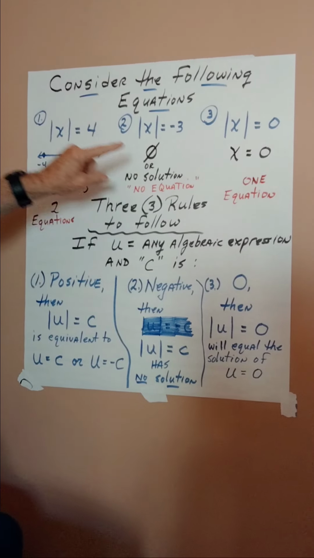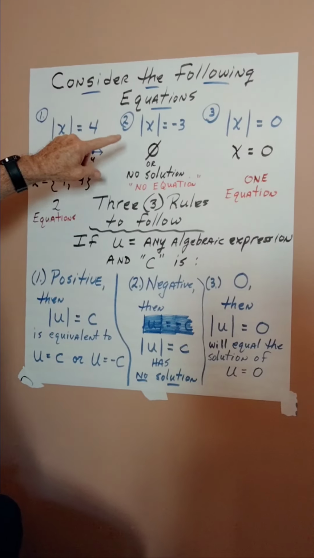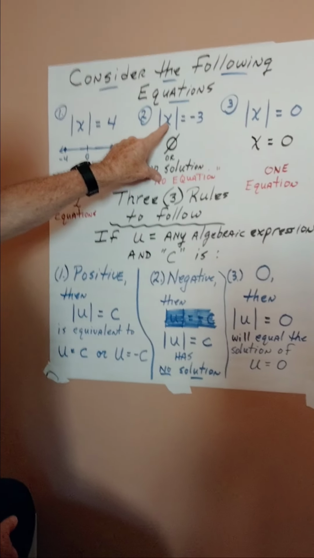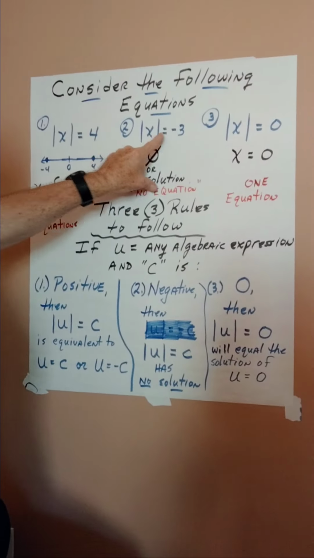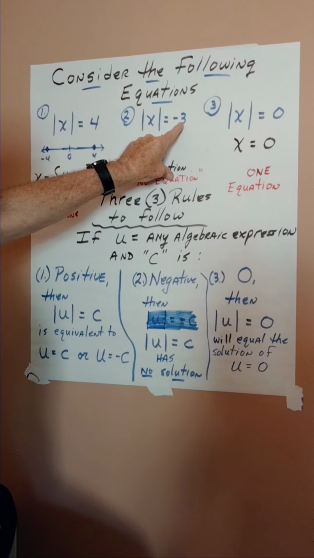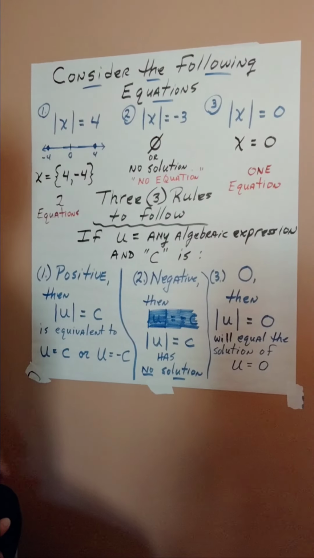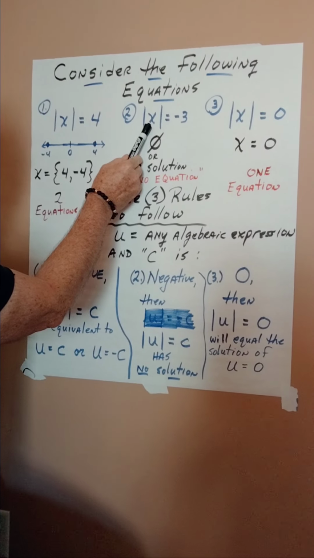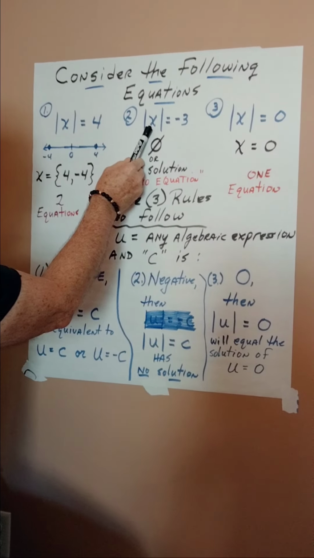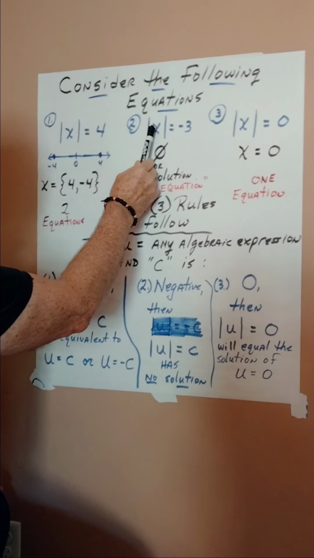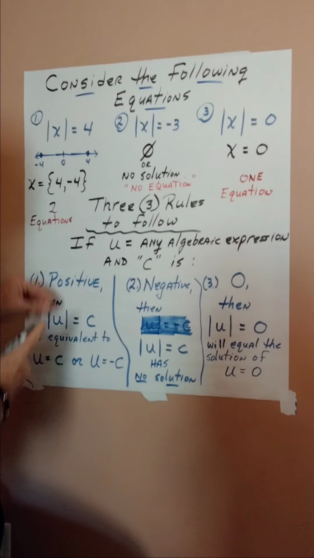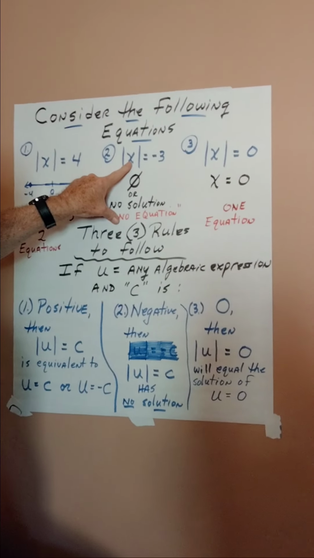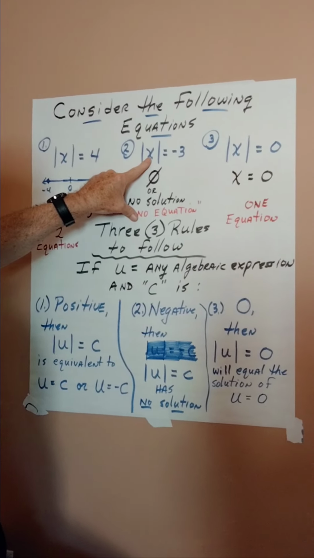Now let's quickly consider equation number 2: the absolute value of x is equal to -3. This is a quick one. The absolute value of any real number can never be negative, because the absolute value represents a distance, and no distance can ever be negative.